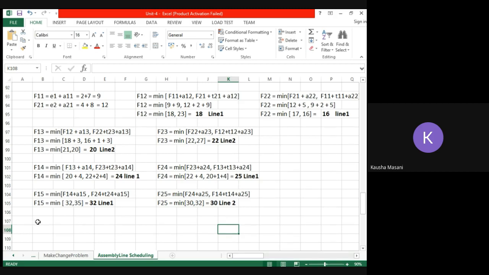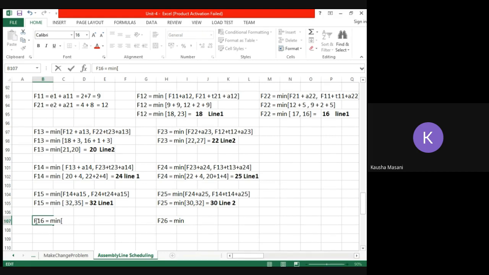Okay. Last, F16 and F26. Should I write the formula for all of you? Okay, let me write it. I'll give you the final answer.